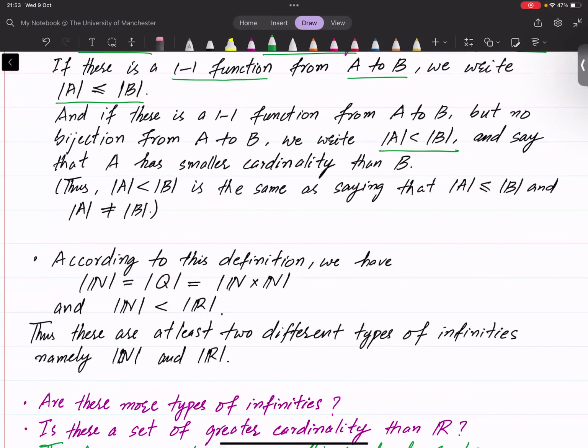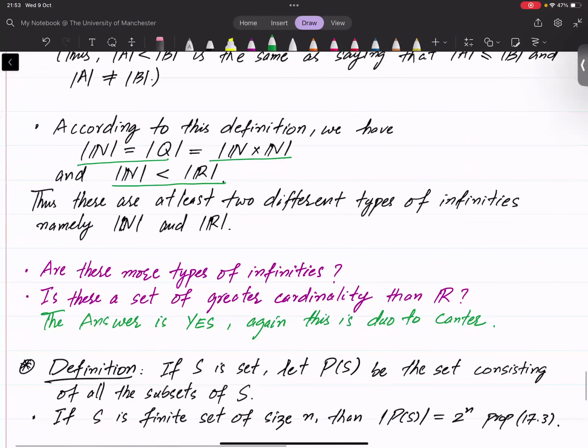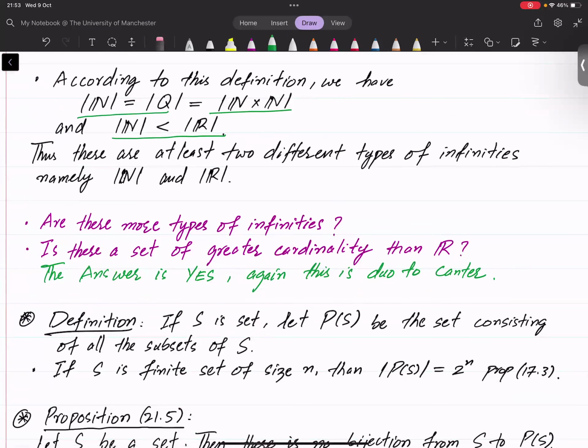Okay, perfect. Now, according to this definition, we say that the order of natural numbers and the order of the rationals, and even the Cartesian product of naturals cross naturals, are equal. And we can also say that the order of naturals is less than the cardinality of reals.